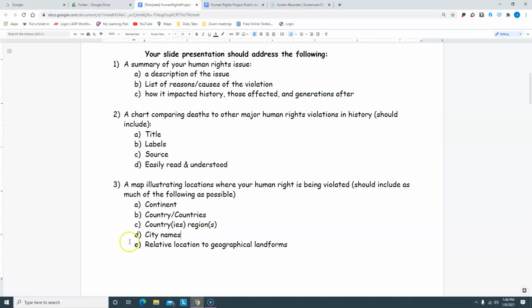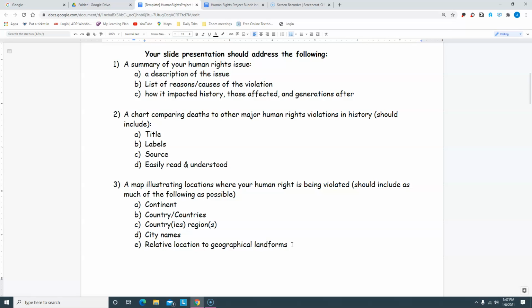City names. Relative location to geographical landforms. An example of relative location to geographical landforms may be that during the Holocaust, the concentration camp known as Auschwitz was located west of this river.